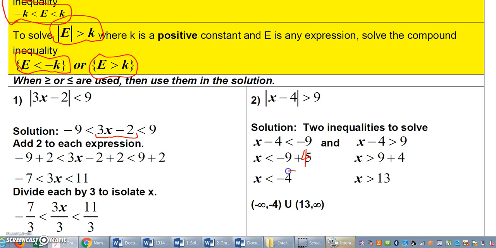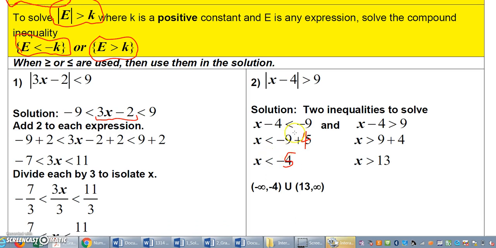I got that wrong there. So that's a quick little fix. Okay, so we add 4 to both of these, and you get x is less than negative 9 plus 4. So x is less than negative 5. Now, the other one is x minus 4 is greater than 9. If we add 4 to both sides here, we get x is greater than 9 plus 4. So x is greater than 13.